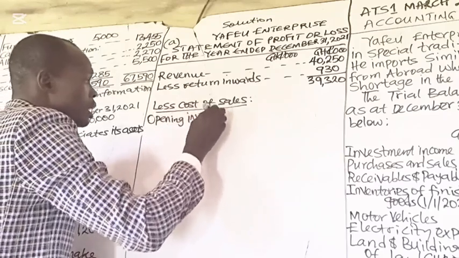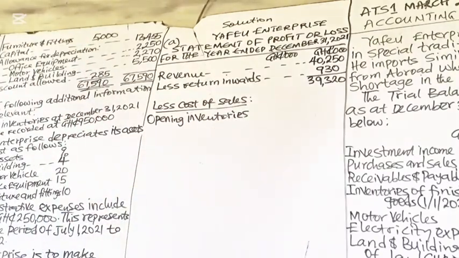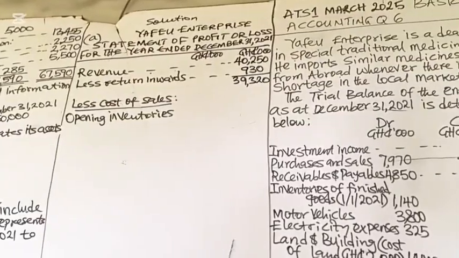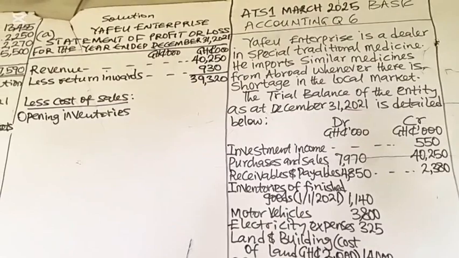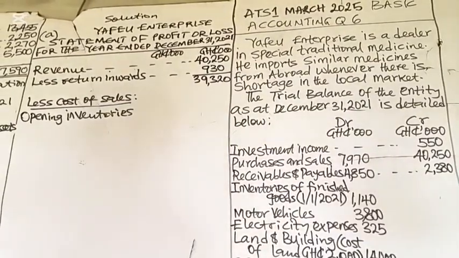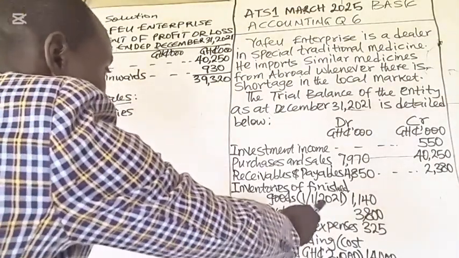Now, let's go through the trial balance. How much is our opening inventories? In the trial balance, you have inventories of finished goods, 1,140. Inventories of finished goods, that is inventory as at 1st of January 2021.